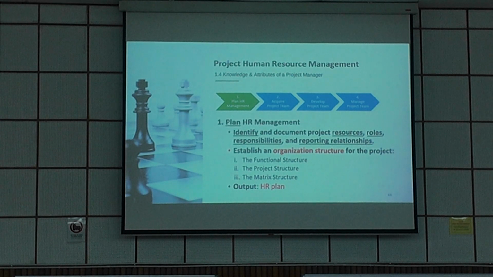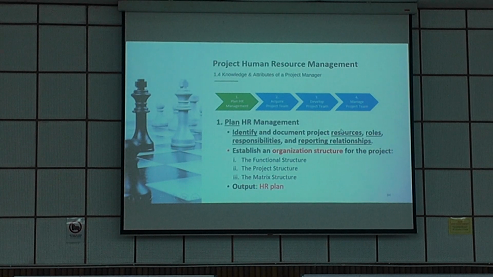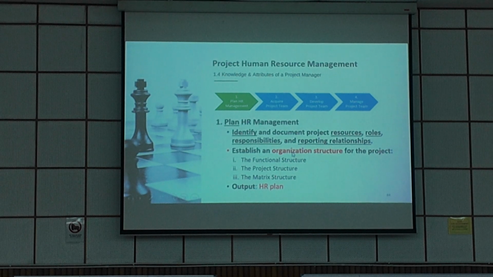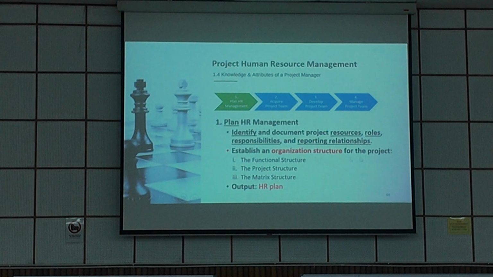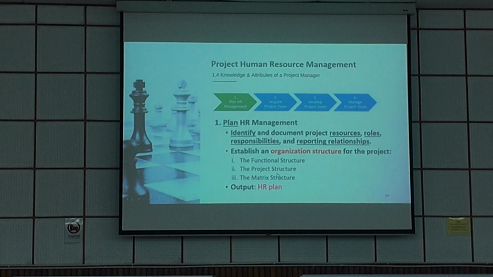That is reporting relationship. After identifying the people who should work in the project, establish an organization structure. So for project, 3 common structures: the functional structure, project structure, matrix structure. The output from this is the HR plan.